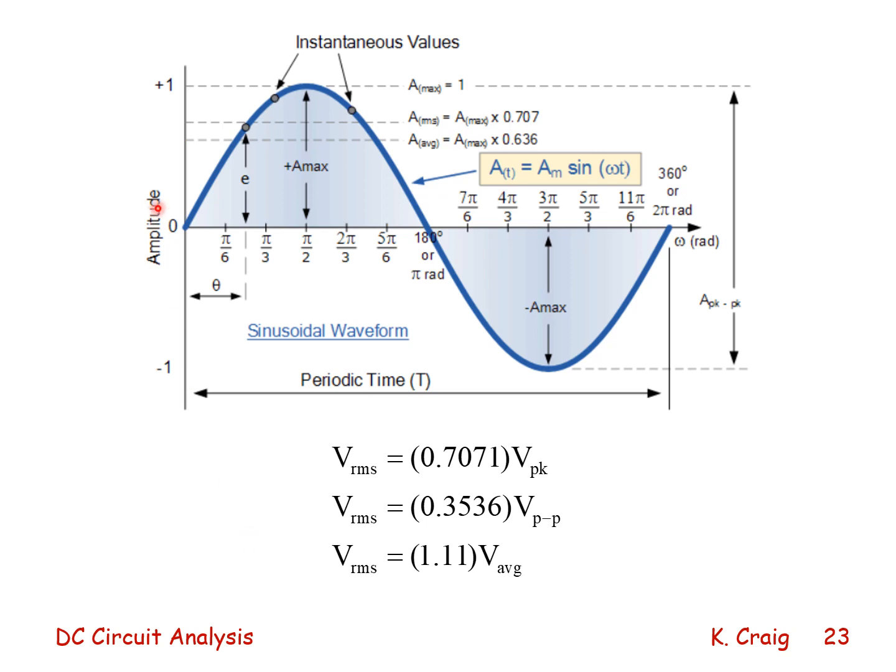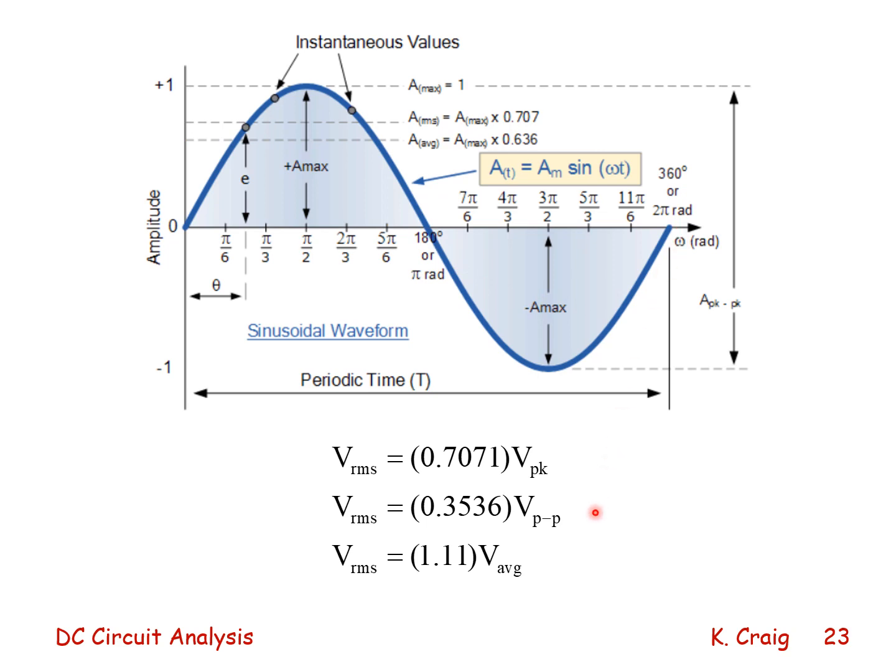Lastly, again, I show a sine wave in the dark blue curve, and I show the maximum value, the RMS value, the average value, and the function. As a function of time, it is the maximum value times sine omega t, where omega is in radians per second, t is in time, so omega t is in radians or theta, and the sine wave varies from 0 to pi radians to 2 pi radians.